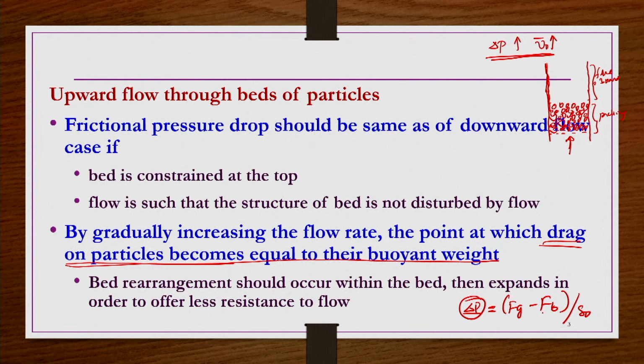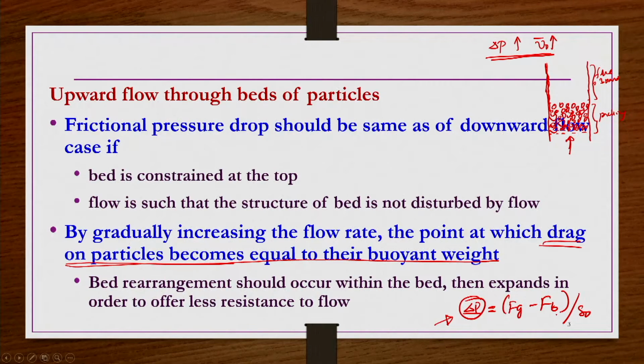When the particles move away from each other, the packing becomes looser and starts expanding. At the point where the expansion starts, the drag on the particles becomes equal to their buoyant weight, and this is going to be constant from this point onwards.